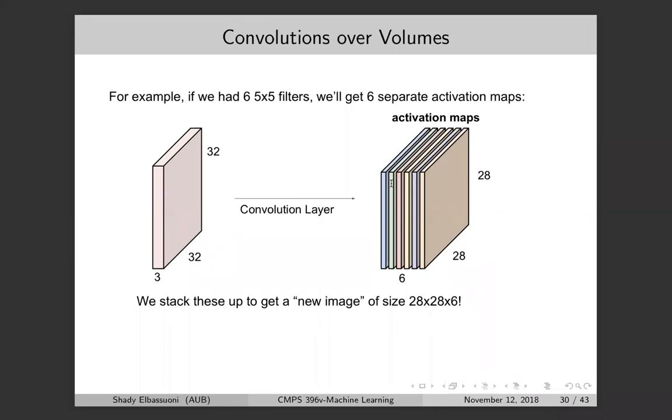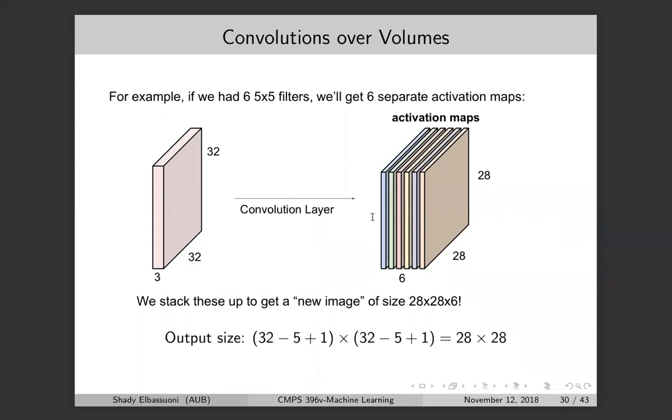Let's say 6 filters of 5 by 5. That will result in 6 activation maps of 28 by 28, so you get a new image of size 28 by 28 by 6, pixels if you wish. Understood? Okay.